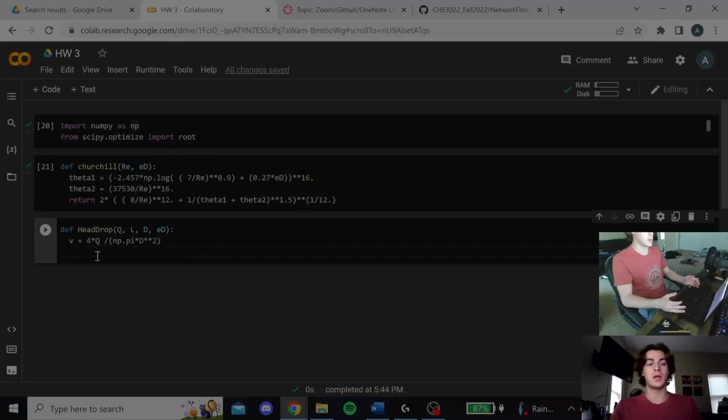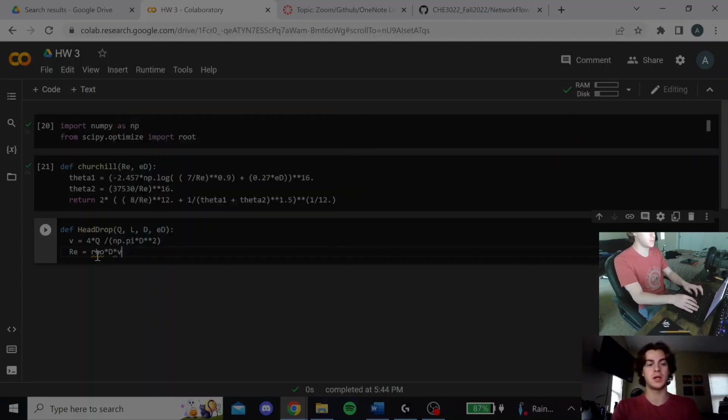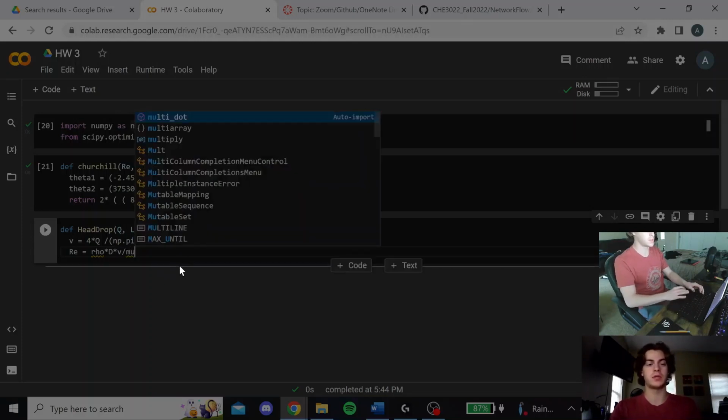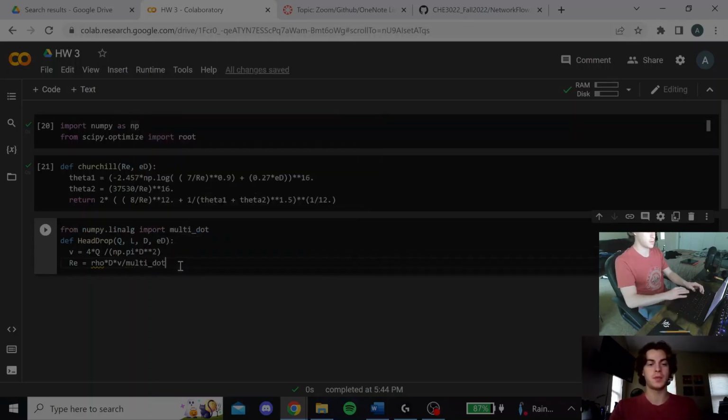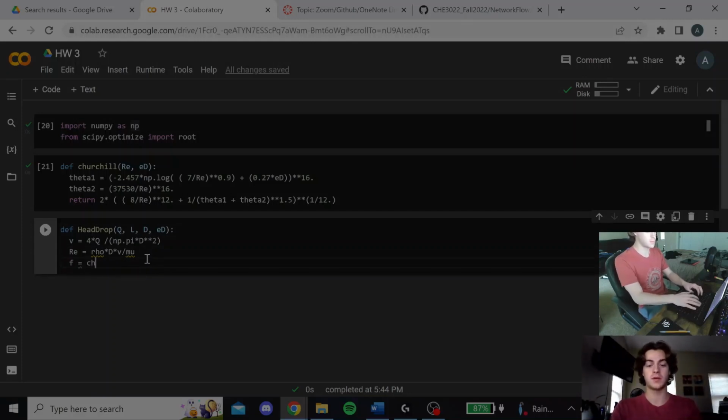And then we can calculate Reynolds number, which is going to be rho times the diameter of the pipe times V divided by mu, which is the viscosity. And then we can use the function we just wrote to calculate the friction factor.